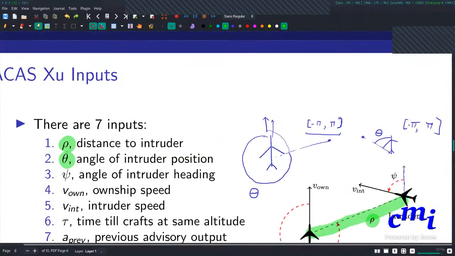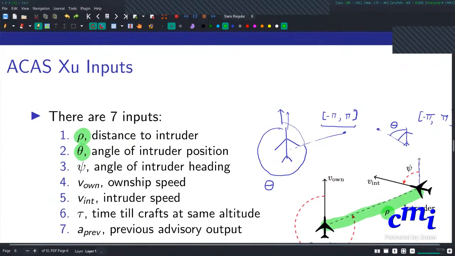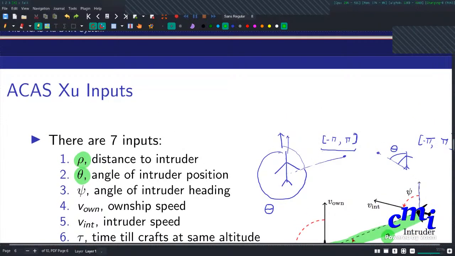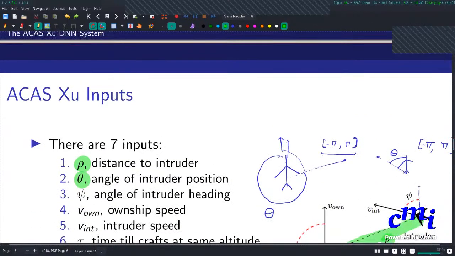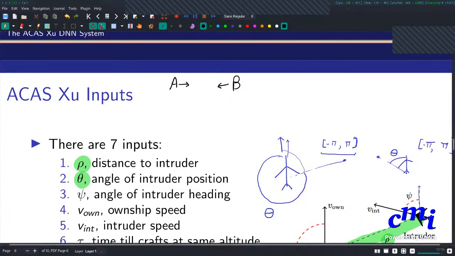One of the things about ACAS-XU or even TCAS or any of these systems is that these are designed to go on planes, right? So the idea is that in the real world, if two planes, let's call them planes A and B, are approaching each other, then the way TCAS works, and the way ACAS-XU is also designed to work whenever it gets deployed, is that both of these planes will have their own machinery implementing the ACAS-XU system.